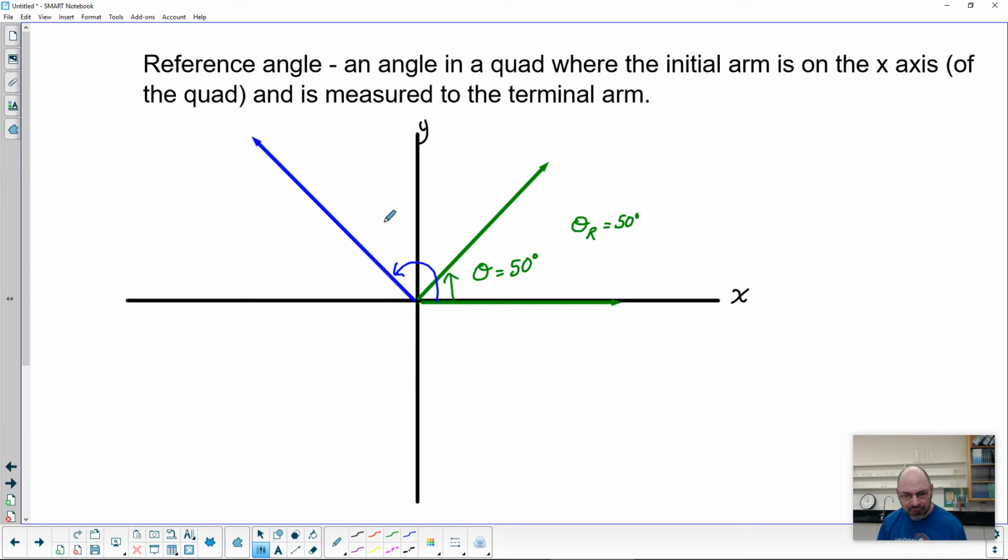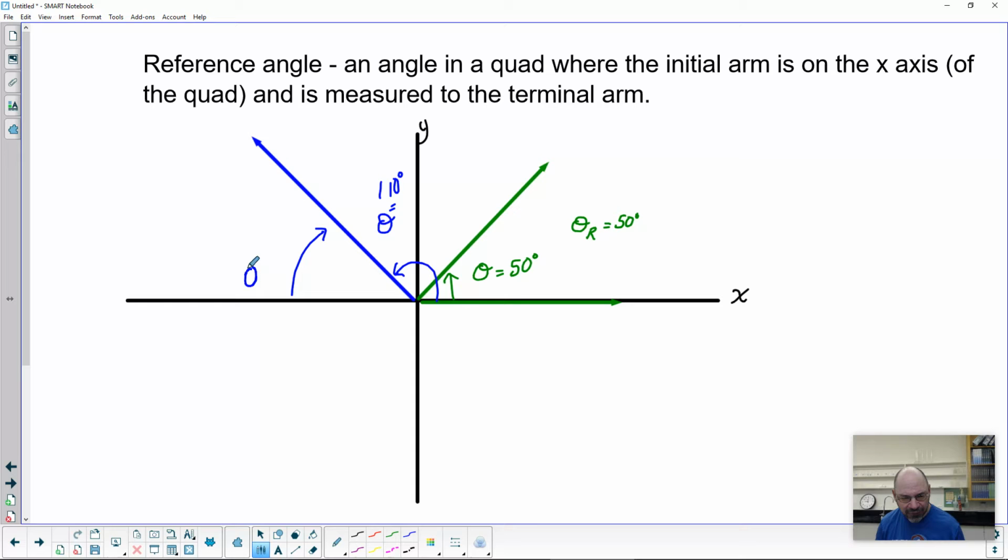Theta in the second quadrant is equal to, that looks like about 20 degrees past 90. So let's say 110 degrees. Okay, so where's the reference angle? Well, the reference angle is right here.